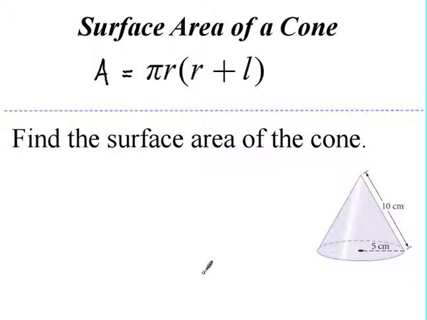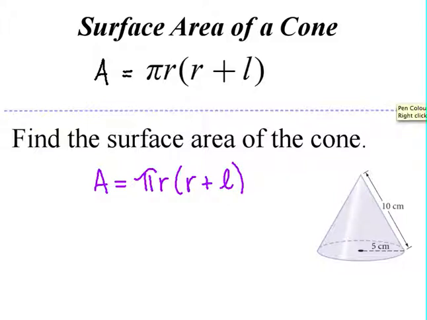Find the surface area of the given cone. So I have A equals pi r times r plus L. So let's go ahead and plug in. What's r? 5.